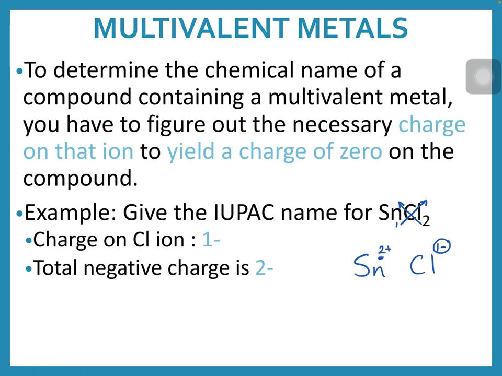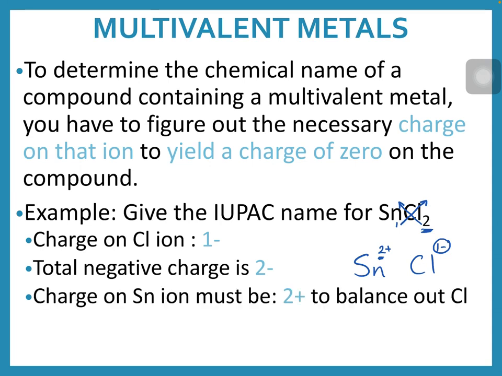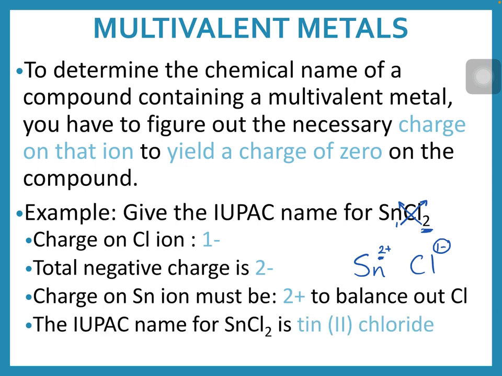The other way that we can do this is chlorine is a 1 minus. Because we have 2 of them, the total negative charge is 2 minus. And so to balance it out, we need a 2 plus on the tin. So once again, there's multiple ways you can do this, whichever one makes sense to you.